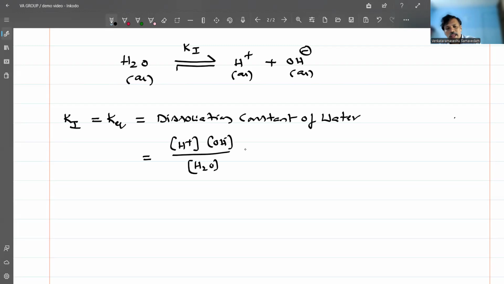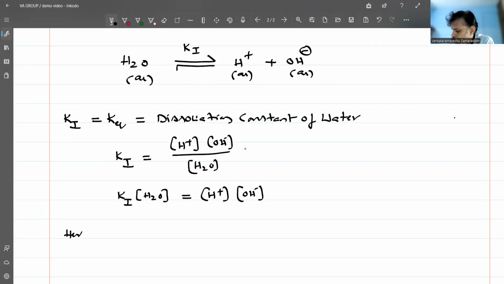We have two steps I could write, but here I am going to write only a single step. Ki is the dissociation constant. Then I multiply Ki with the concentration of H2O, which equals the H plus ion concentration times the OH minus ion concentration.